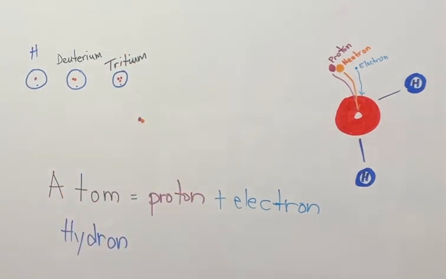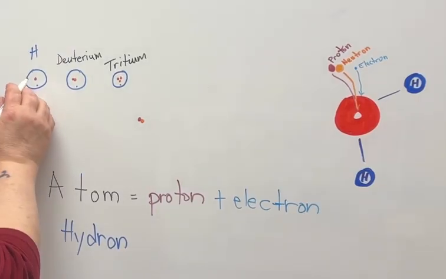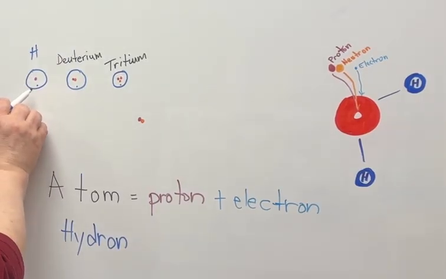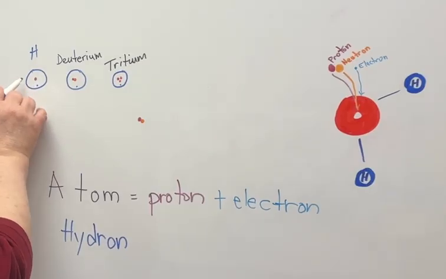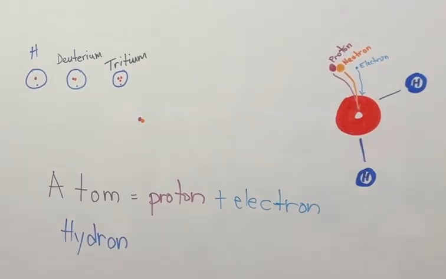Okay, so just remember, an atom is a proton plus an electron at its most basest form, which in our understanding of the universe is hydrogen. Hydrogen is one proton and one electron. That electron isn't exactly going around like an orbit like they used to think.